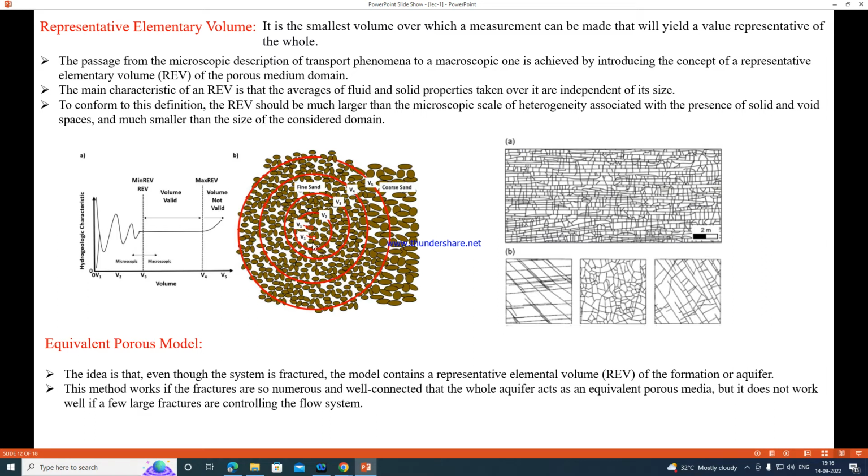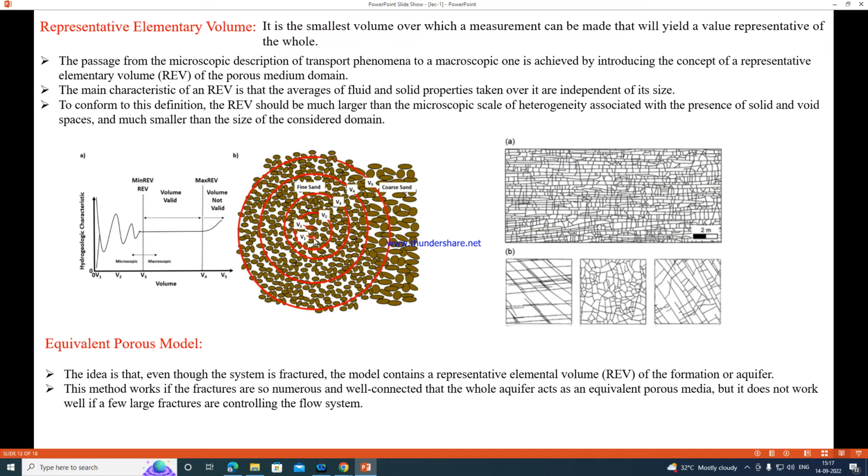Suppose this small volume is V1 that you have assumed. This is a hydrogeologic characteristic, this is a volume. Suppose you are considering porosity as one of the characteristics. Suppose in V1, at this point there is more porosity, so it is maximum porosity.